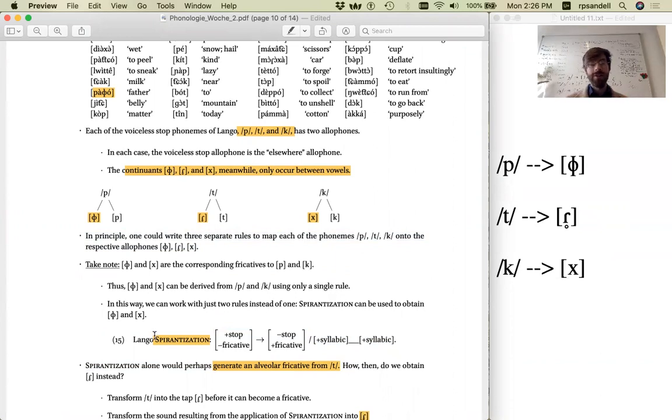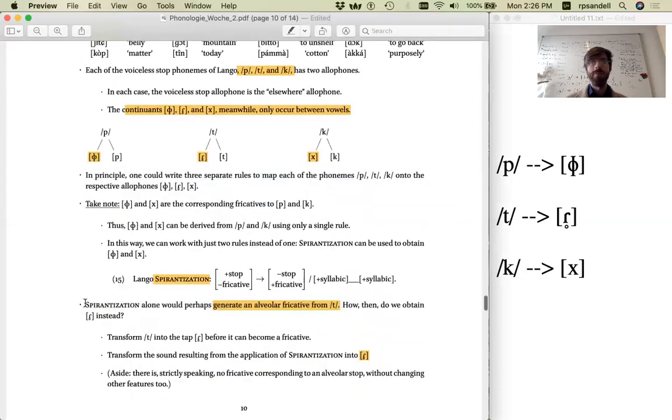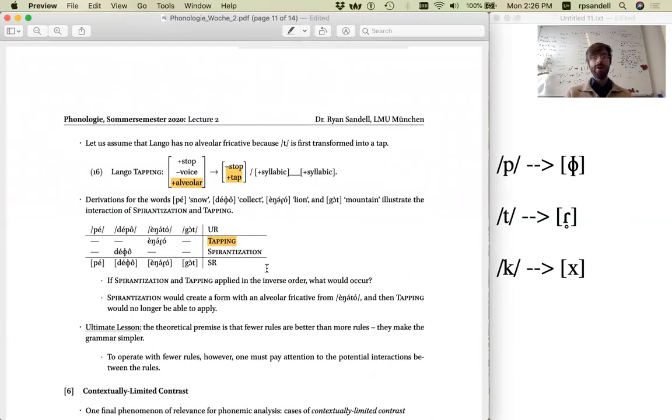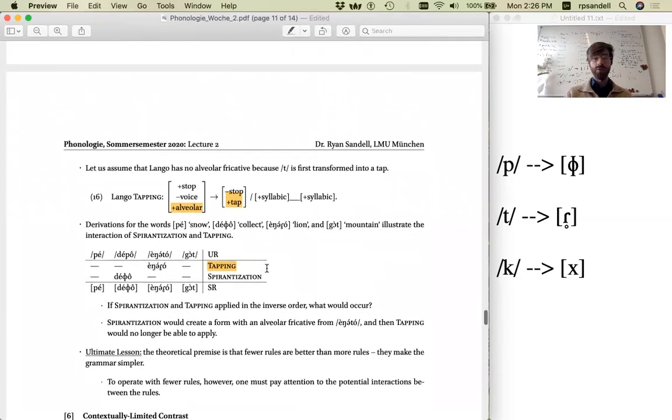And in fact, there are some other technical options we could use to just use a single rule. I think later in the course we'll introduce some more complicated ways of writing rules so that we could use only a single rule in this case. But for present purposes, this helps us see how rule ordering is relevant.